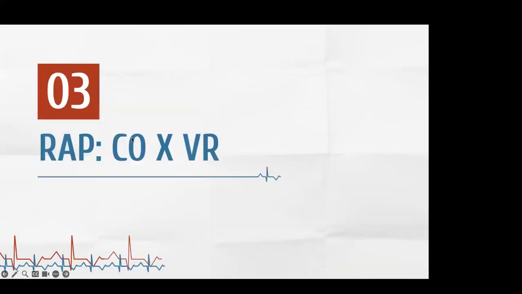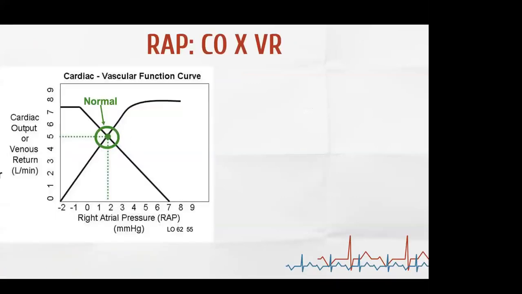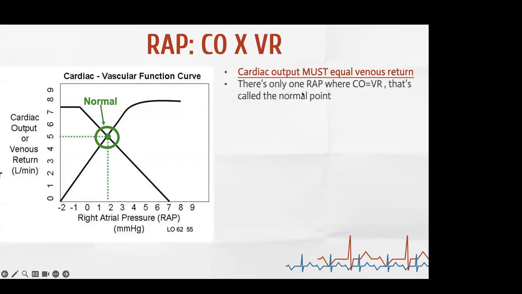Excellent. Now let's link these two together, which is the most important part of the lecture, and this is where all the questions will be coming from. If you plot the two graphs together, there will be an intersection point, which we call the normal point. It is the right atrial pressure at which cardiac output equals venous return. Cardiac output must equal venous return, and there's only one right atrial pressure at which that happens, the intersection.